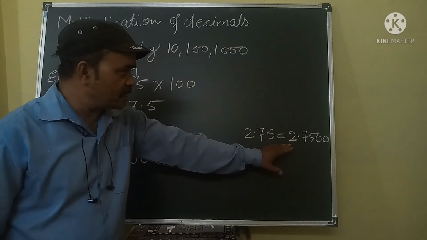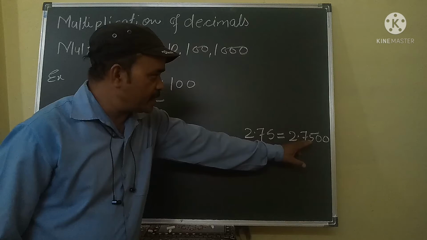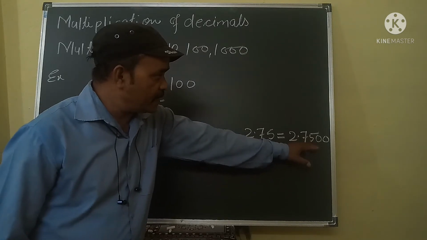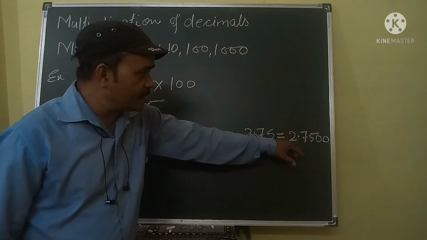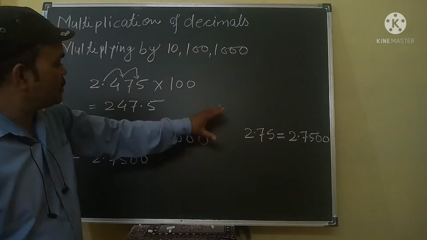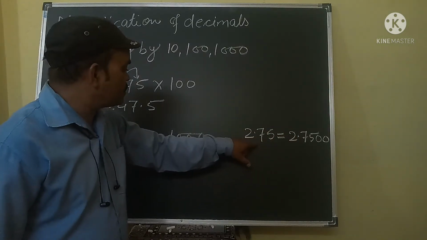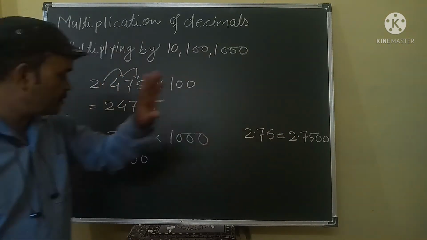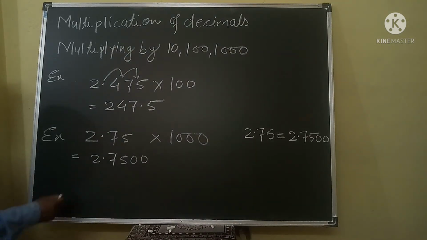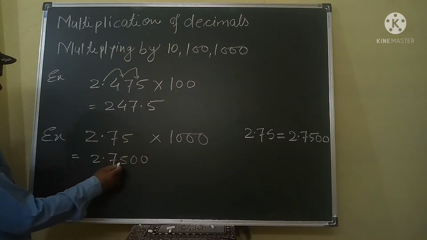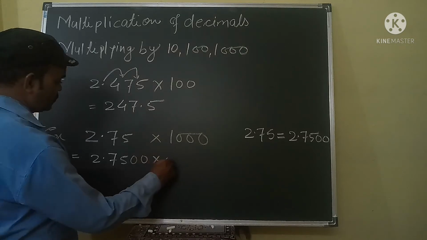There are no changes. If I take 1 zero, 2 zeros, or even 100 zeros, the value will always be 2.75. Okay, so 2.7500 into 1000.